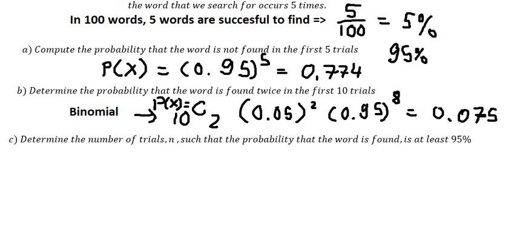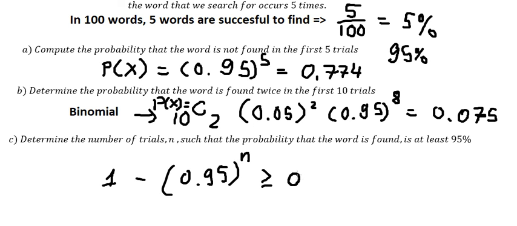The last one, we want to find how many trials to make sure that at least 95%. So that means we have 1, that is about 100% minus 0.95 to the power of n is greater than or equal to 0.95. So and that is about the number of trials in here.